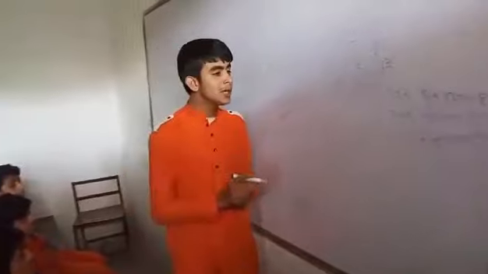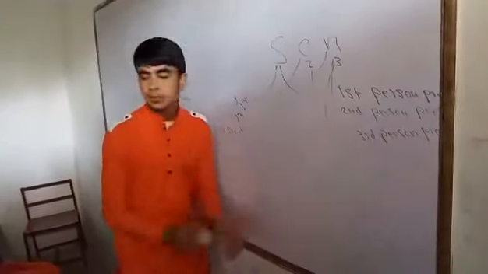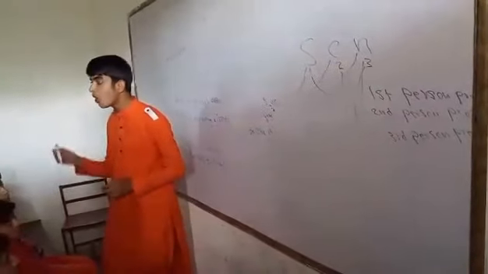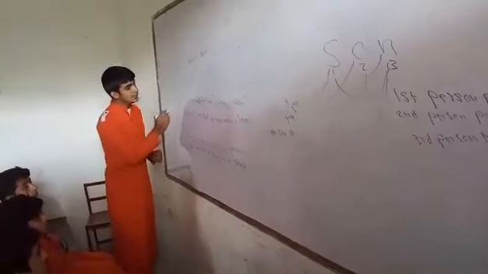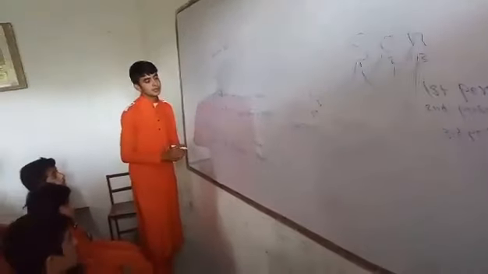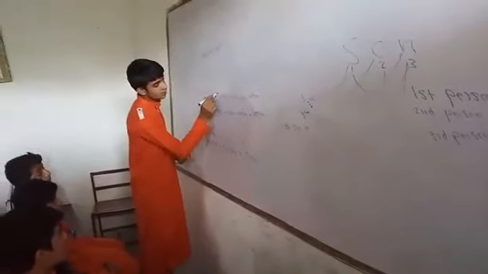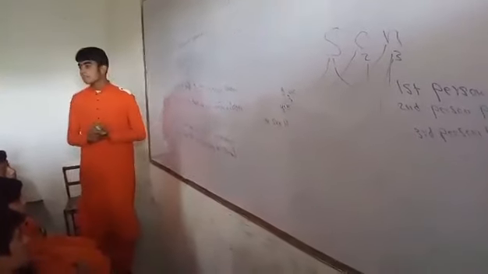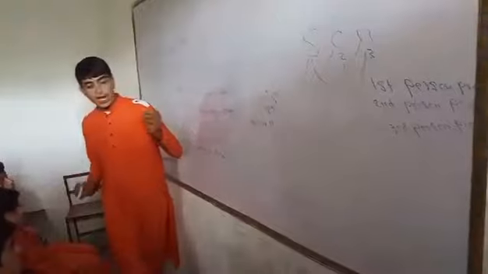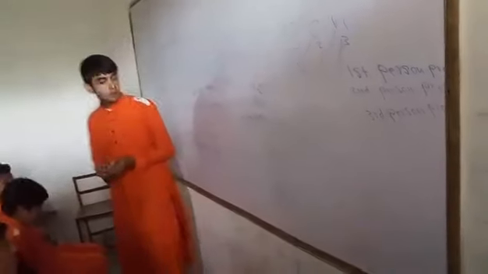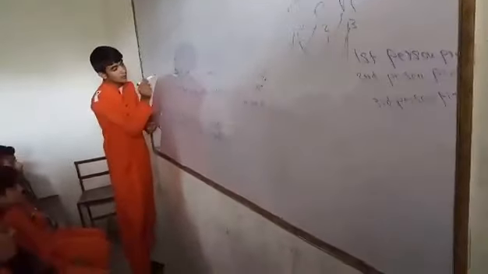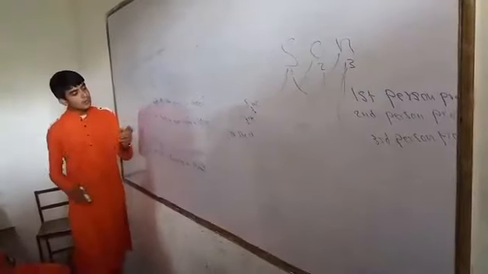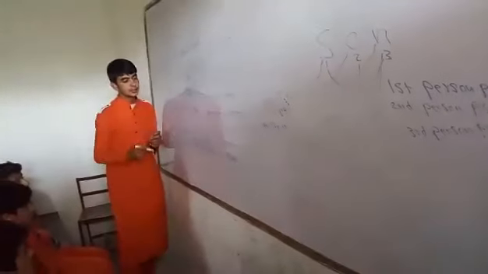We will change the first person pronoun according to the subject of the reporting verb. I, we depend on the subject of the reporting verb. Here is she. Now we will put she instead of I.